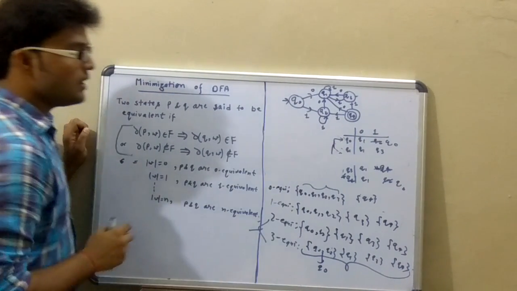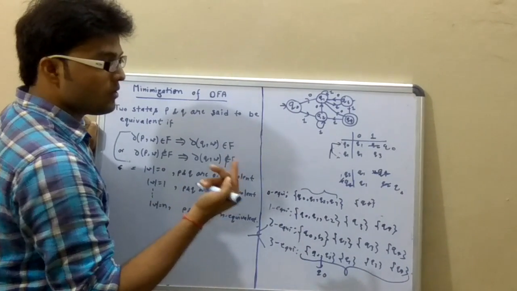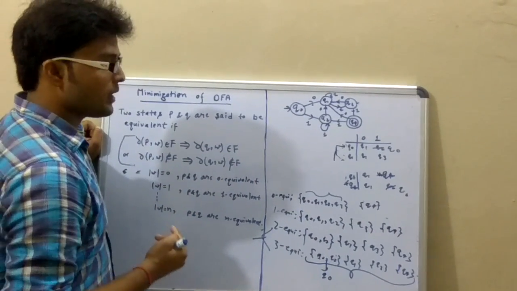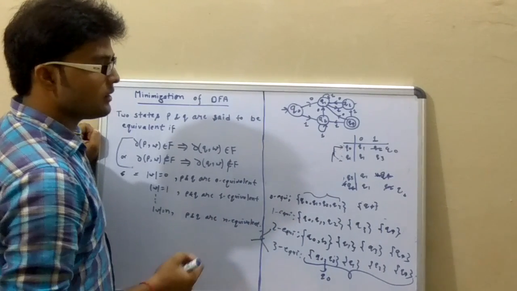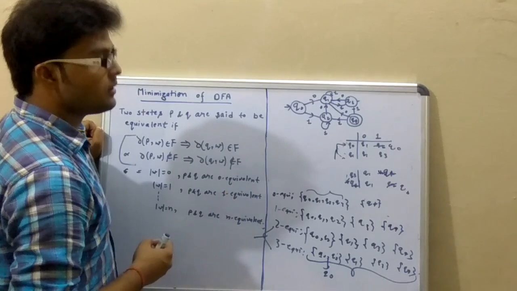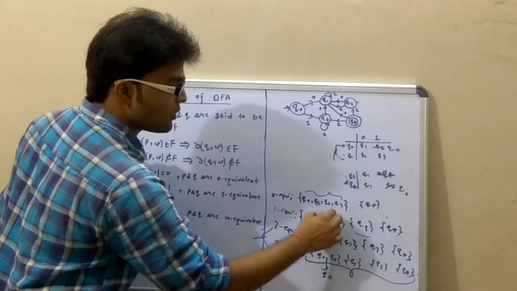Let's check 1 equivalent. One equivalent means the length of the string is 1. That is, by seeing one input symbol, if any state can reach the final state, then those states will be grouped. See here, why is Q3 separated from this set?